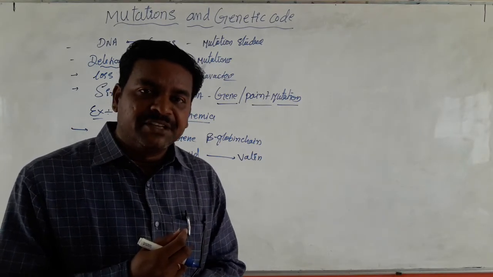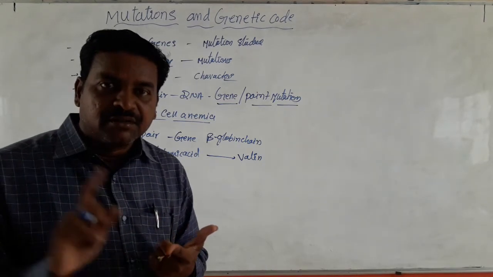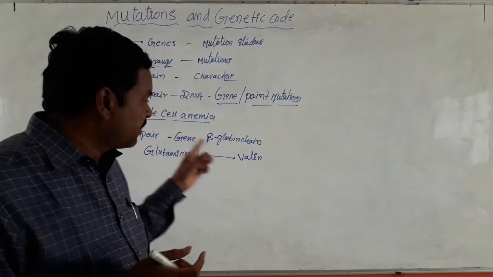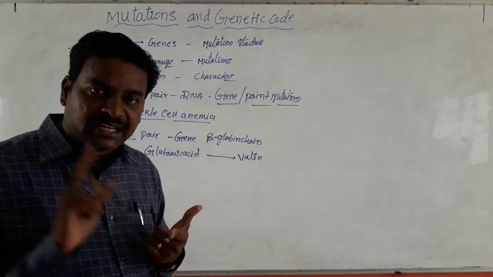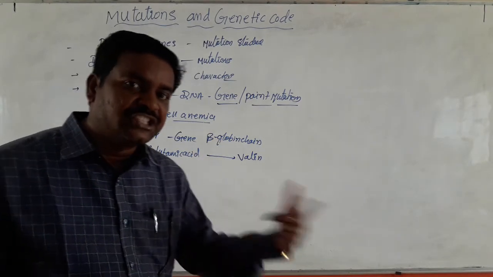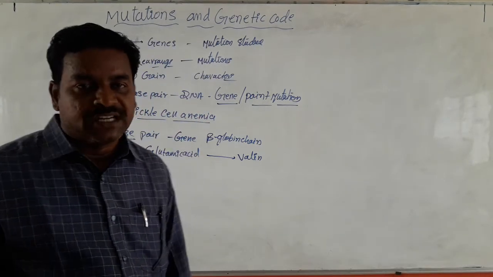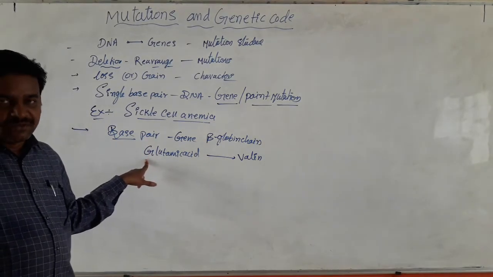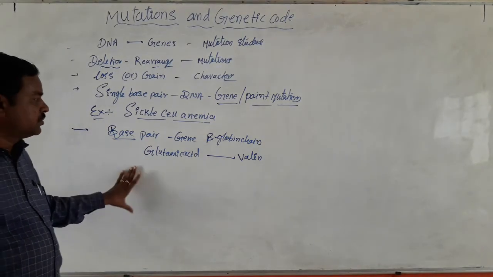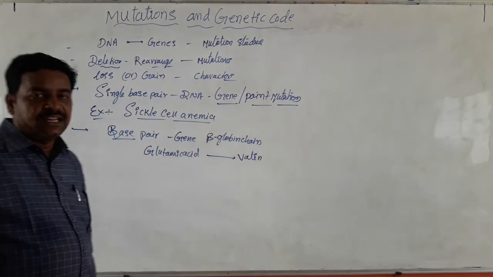It is due to a change in the single base pair of the gene responsible for the beta globin chain in human beings, where the codon that recognizes glutamic acid is changed into the codon that recognizes valine.